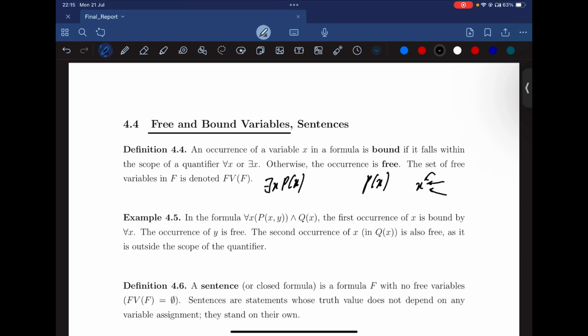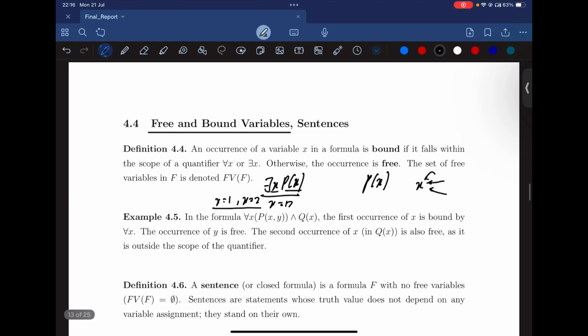But for the formula there exists an x such that p of x, no matter what x you give, the truth value of the statement is independent of the actual variable assignment. So say p of x means x is prime: there exists a number x such that x is prime. Whether you take x as 1, 2 or 17, the truth value, that there exists a prime number, is independent of what value we take x as in a certain assignment.